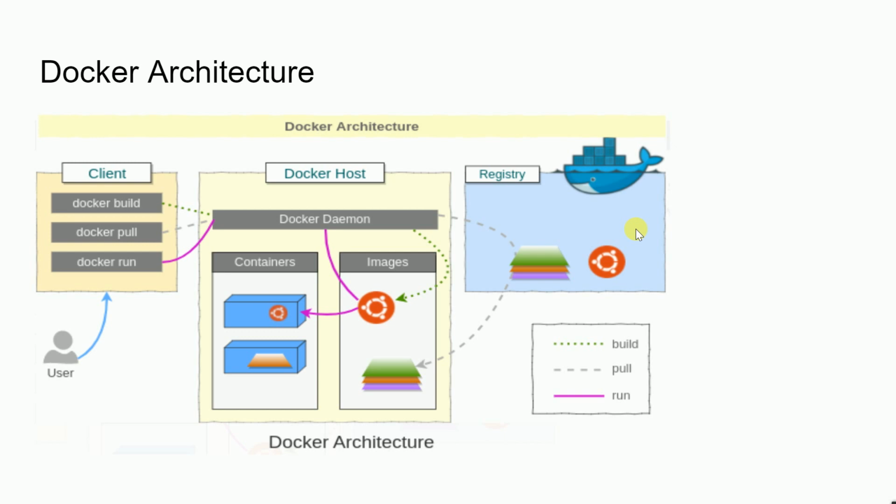This is the architecture of Docker. First, start with the user. As a client, the user is trying to build, pull and run the image. If we talk about the arrows, this arrow indicates the build, this arrow indicates the pull, and this indicates the run.